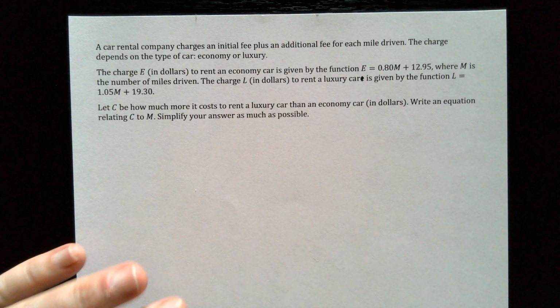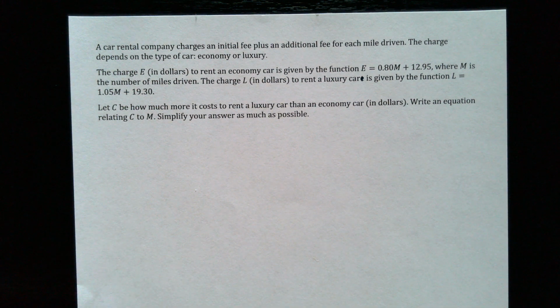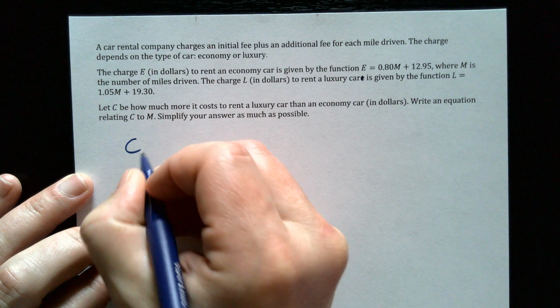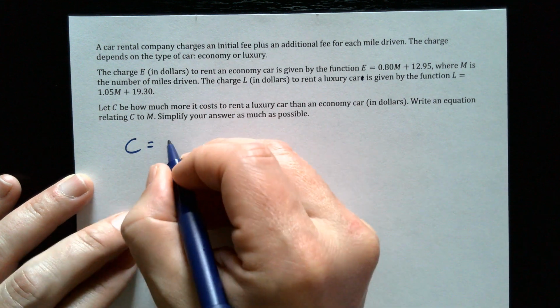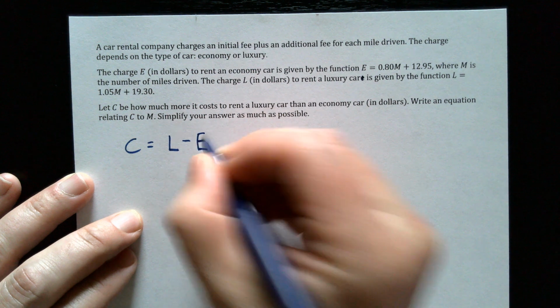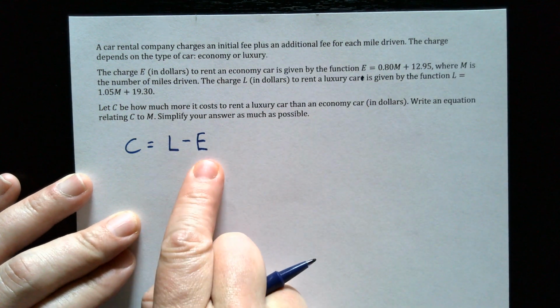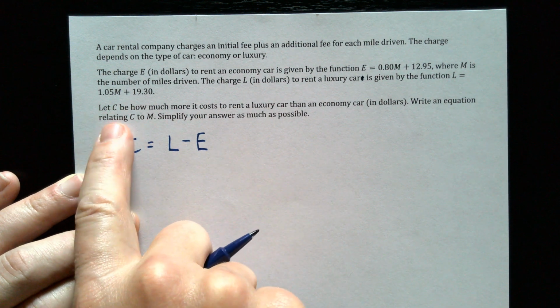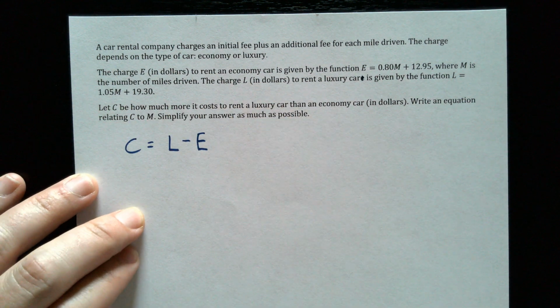Okay, so what we need to do is write a function that shows the difference between a luxury car and an economy car, and difference in math means subtraction. So we are going to say C is equal to the difference, so we'll do the luxury car since it costs more, minus the economy car. This one costs more, this one costs less, so the difference between these will be C, which is how much more it costs to rent a luxury car than an economy car.